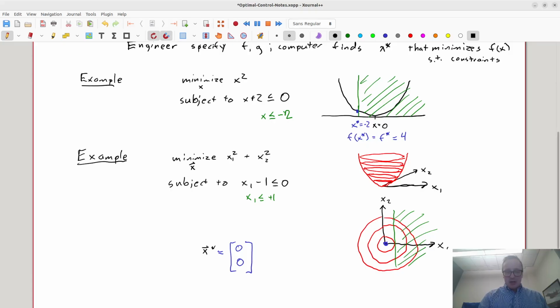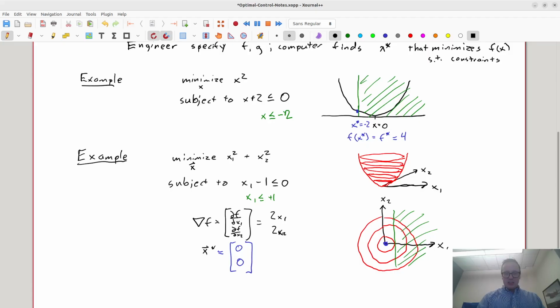But just to write out how I calculated this, the gradient of f with respect to x is equal to the partial of f with respect to x1 and the partial of f with respect to x2, and that's going to be equal to 2x1 and 2x2.